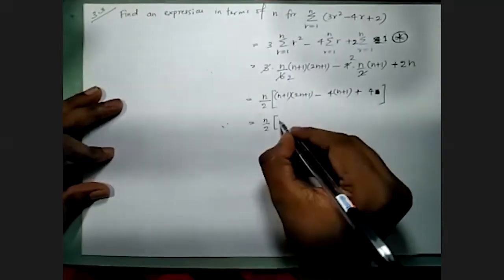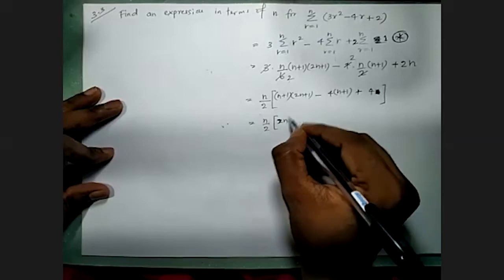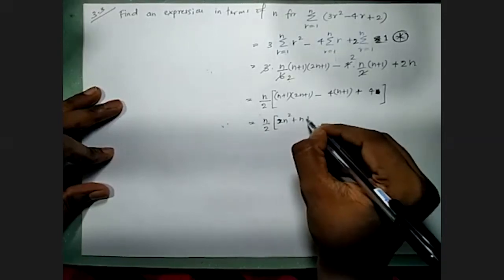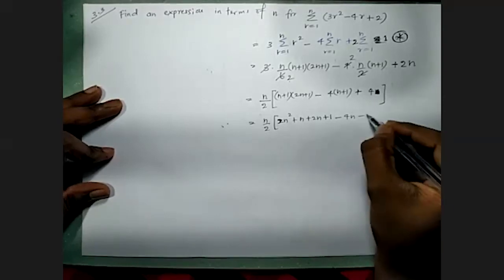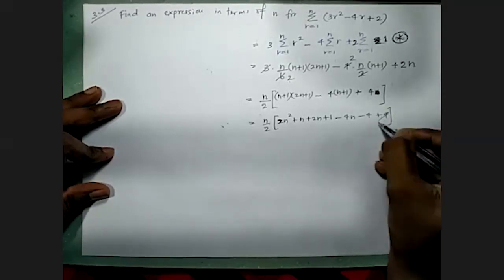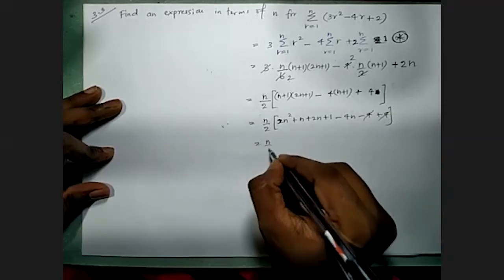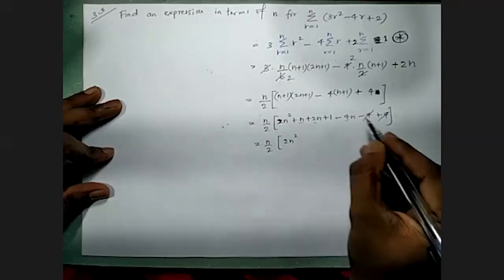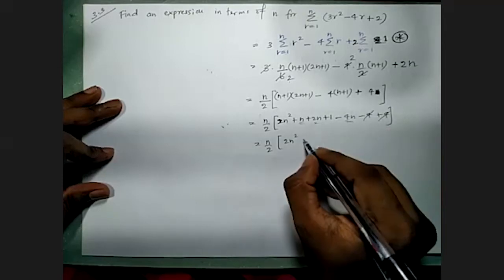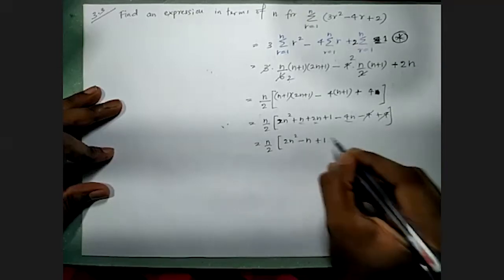Now simplify. Here we have 2n square plus n plus 2n plus 1. 4 gets cancelled. n by 2, 2n square. When we simplify these like terms, we get minus n plus 1.